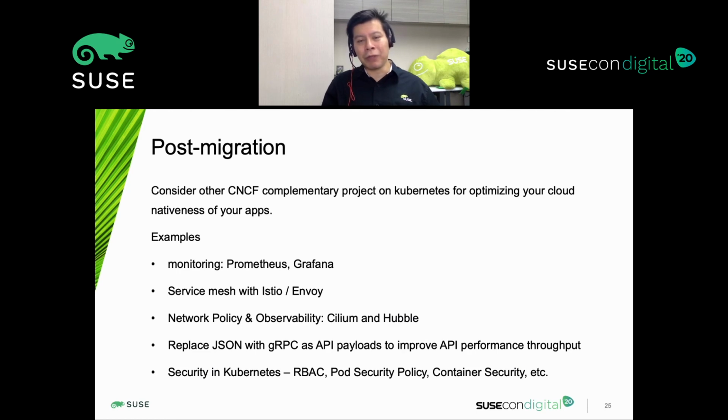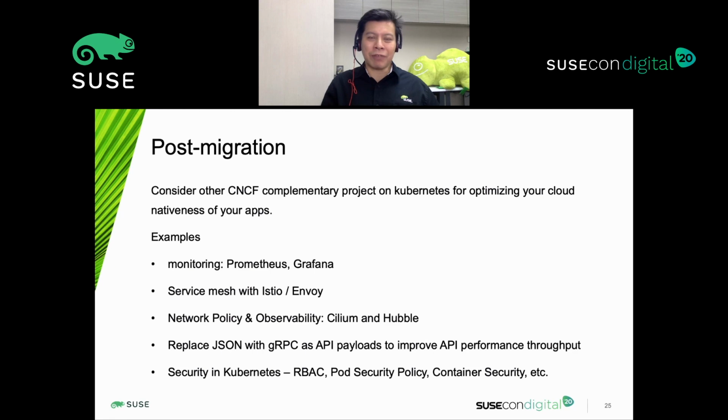Or you may want to consider your application to adopt microservices, leveraging the service mesh. So in the Kubernetes world, we have the Istio and also the Envoy project that can help you to make microservices secure and easier to manage through the service mesh concept.